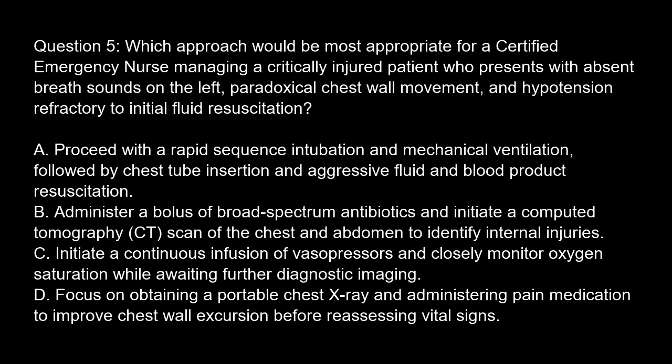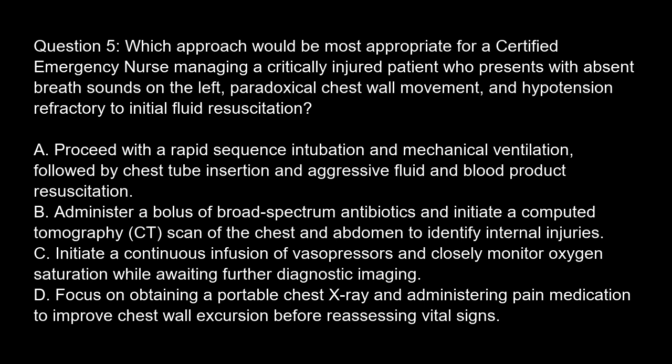Question 5. Which approach would be most appropriate for a certified emergency nurse managing a critically injured patient who presents with absent breath sounds on the left, paradoxical chest wall movement, and hypotension refractory to initial fluid resuscitation? Option A. Proceed with a rapid sequence intubation and mechanical ventilation, followed by chest tube insertion and aggressive fluid and blood product resuscitation.